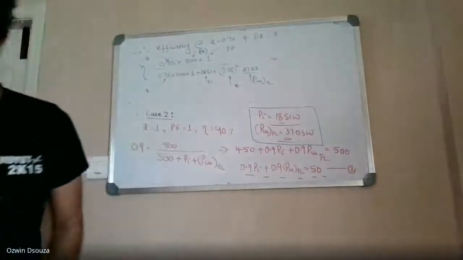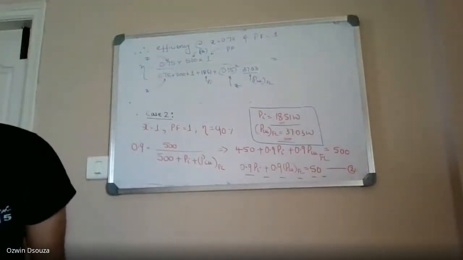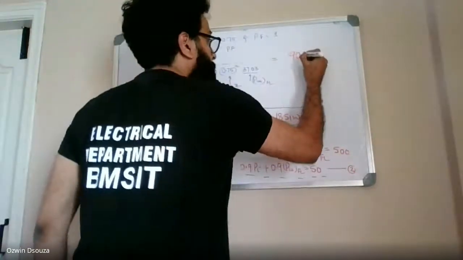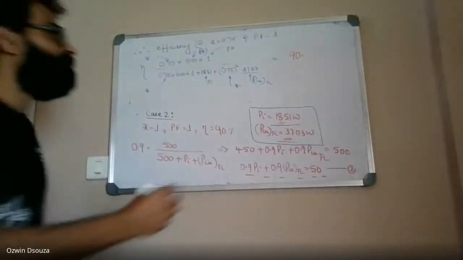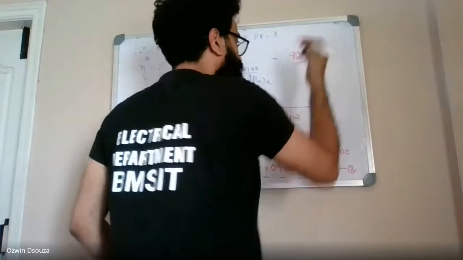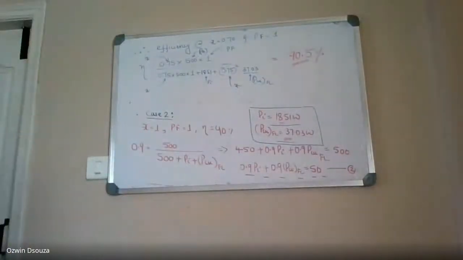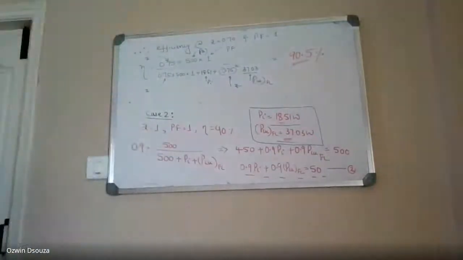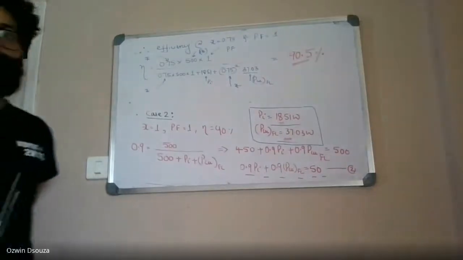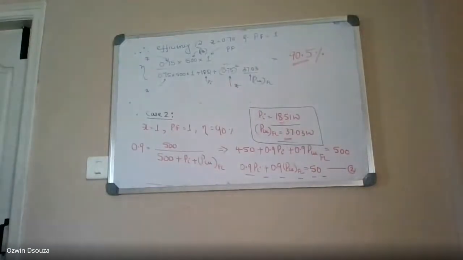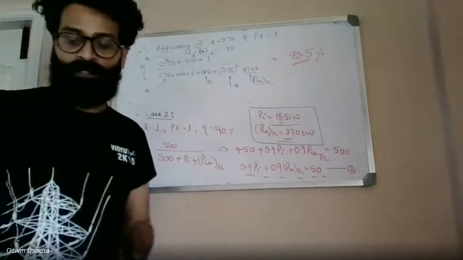How much will you get as efficiency? 90.5. So 90.5 is the book answer. You can confirm whether you have got the same answer or not. So that's the efficiency. Okay. So, all right. So that's your first problem for the day.